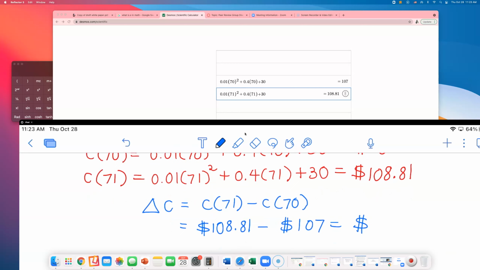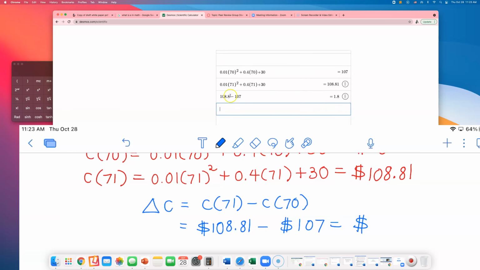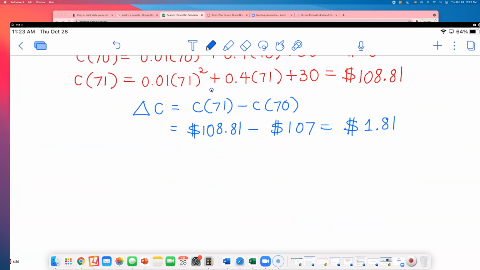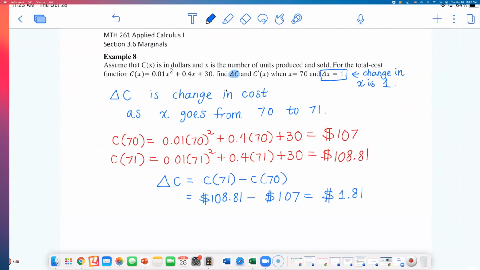And that will be, I'll just copy this, minus 107. The change in cost, delta C, is $1.81 as x goes from 70 to 71. So we found delta C.